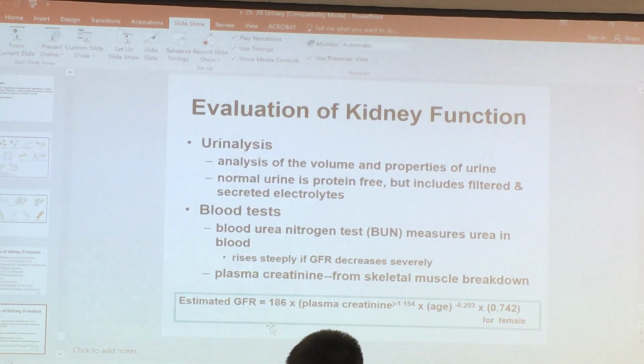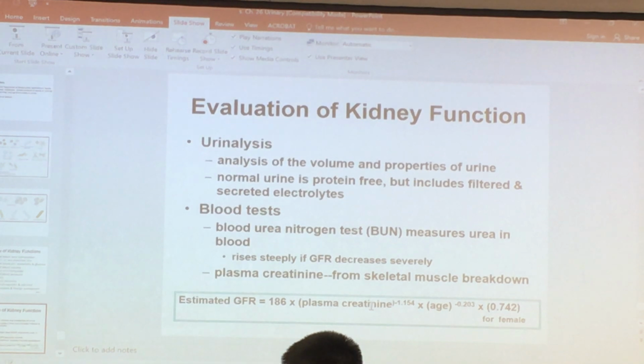Okay. So right now, every time you have a blood test, even if you don't have a urine test, they can check your estimated GFR through blood plasma creatinine and your age and your gender. Okay, you don't need to worry about this equation.